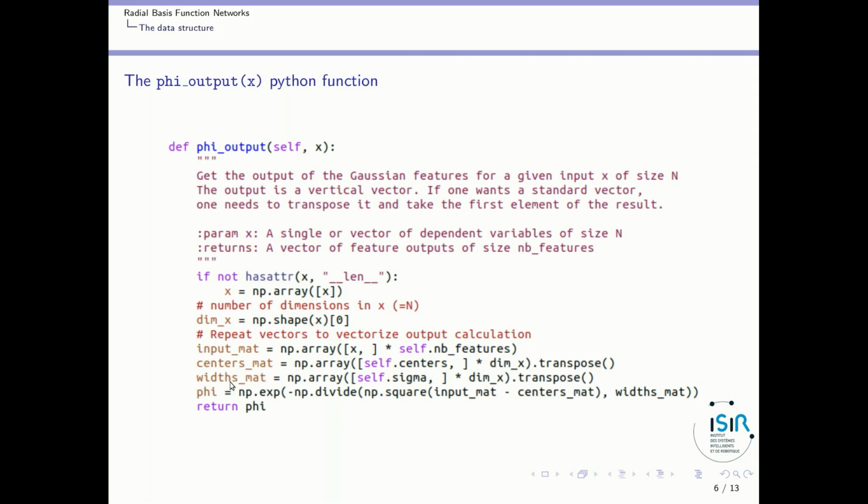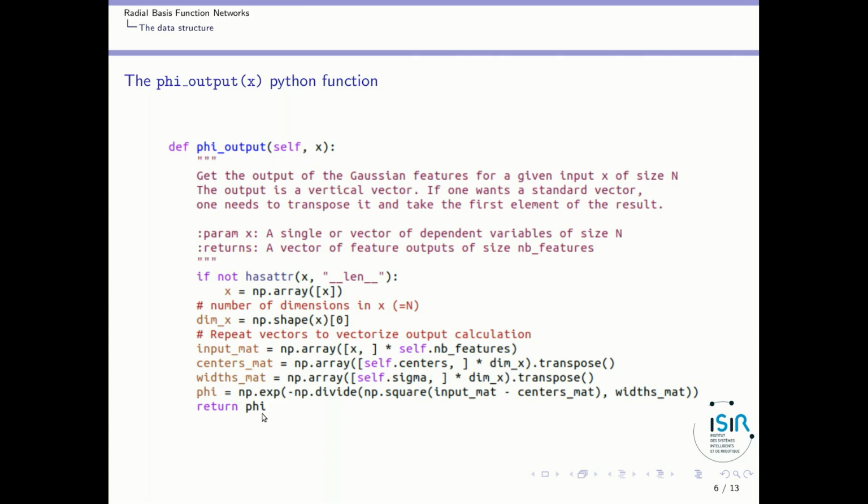Then I compute the width matrix by taking the sigma and again multiplying by the number of dimensions of x and transposing. And finally my phi output is here. You can recognize the formula of the Gaussian function, so that's the exponential of the division of the square distance between the input matrix and the center matrix, divided by the width matrix, and you return this.